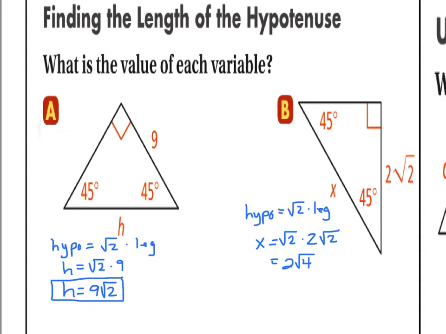The square root of 4 is 2, so this is really 2 times 2, which means x, the hypotenuse, is going to equal 4. Okay? So the important part is that you're using the formula, determining is it a 45, 45, 90 triangle. If it is, I've got these two formulas, whether I need the leg or whether I need the hypotenuse.